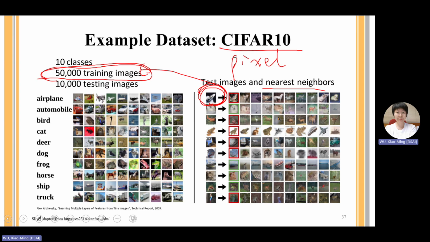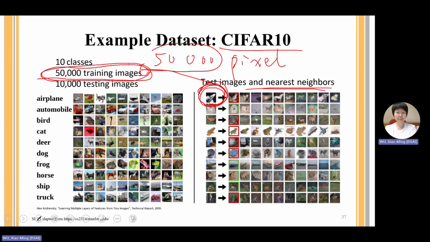That means to identify the nearest neighbors, we need to calculate at least 50,000 distances. Should we do that?